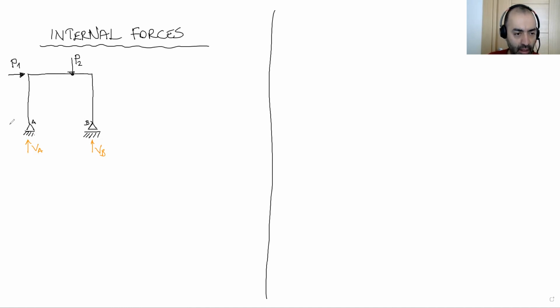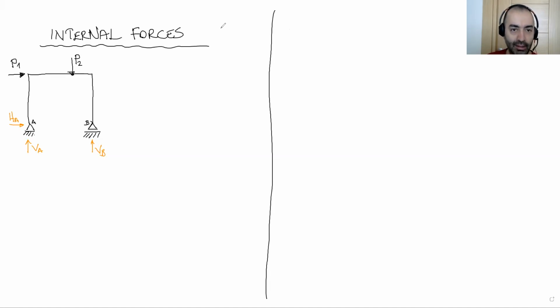That's why there will be a horizontal reaction, remember. Now we have the system, external loading, P1, P2. We know the support reactions.